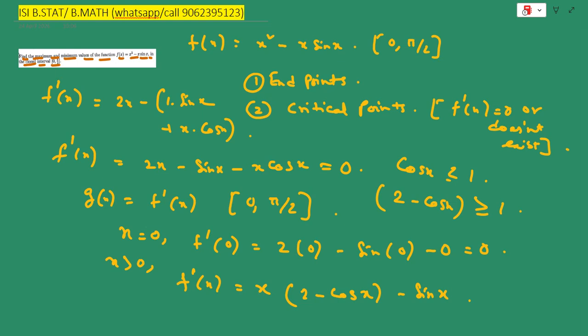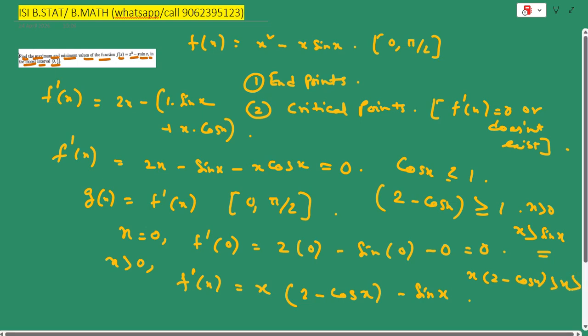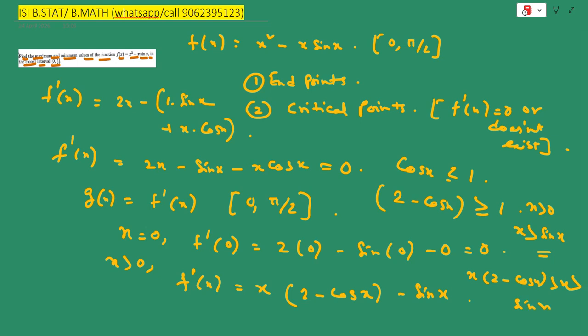Also we know that for x greater than 0 in this quadrant, x is greater than sin x, and therefore x into 2 minus cos x is greater than x, and x is greater than sin x, which means f dash x is always positive, for x belonging to 0 to pi by 2.